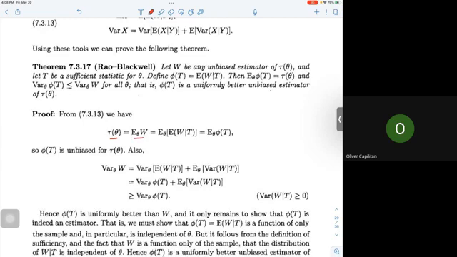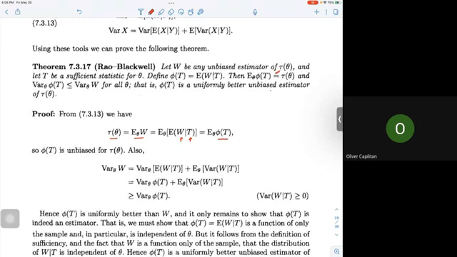Using 7.3.13, the unconditional expectation is equal to the expectation of the conditional expectation of W given T. This T is our sufficient statistic, and this W is our unbiased estimator. We define this conditional expectation of W given T as phi of T, a function of our sufficient stat. Okay, so we have proved this.